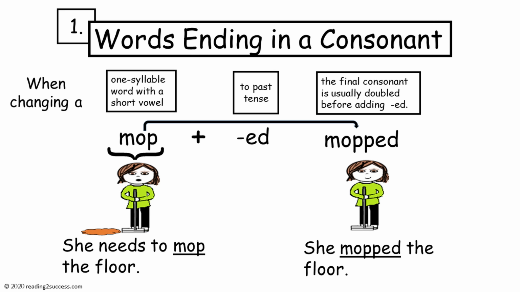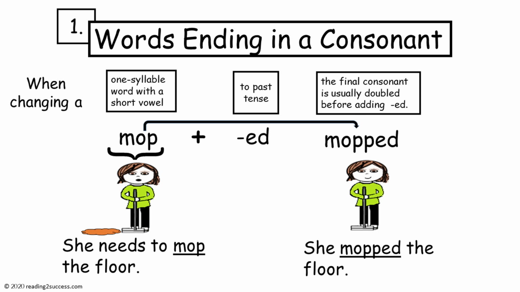Begin by introducing kids to basic spelling rule 1. Words ending in a consonant. When changing a one-syllable word with a short vowel, as our example, the word is mop, to past tense adding ed, the final consonant is usually doubled before adding ed.